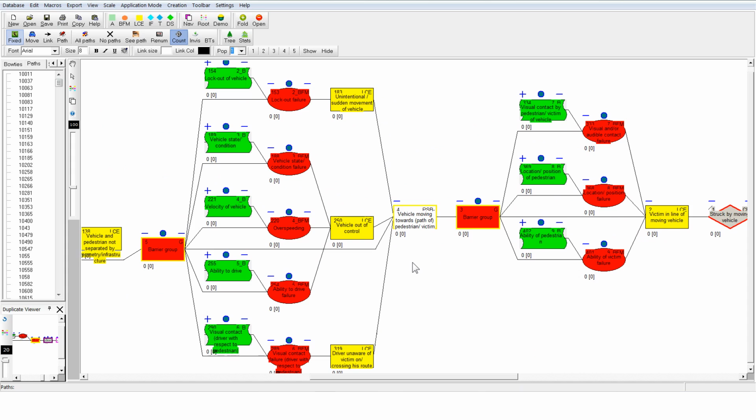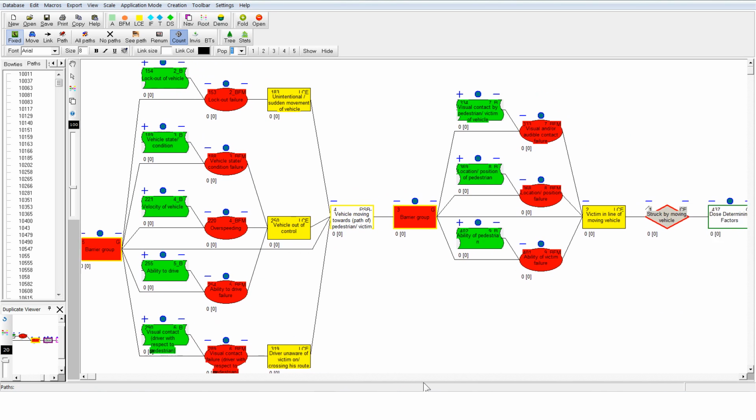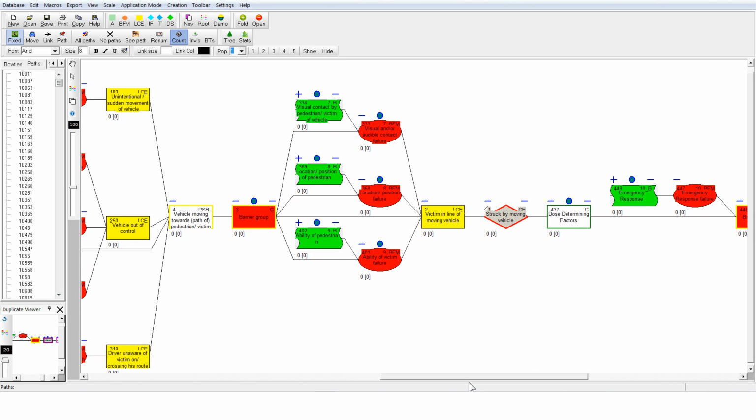So therefore, for example, we have barrier failure modes such as vehicle state or condition failure, overspeeding, and ability to drive failure. Now, for the purposes of this tutorial, we're just going to look at the barrier group concerning the victim, and specifically the barrier failure mode visual and/or audible contact failure, which means that the victim did not see or hear the vehicle that was about to strike him or her.